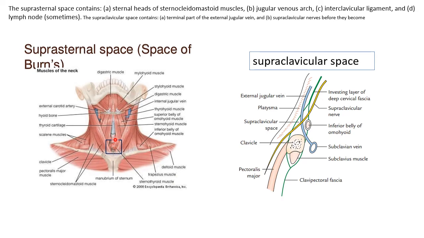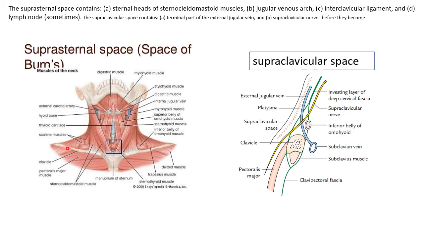It forms two layers, one goes posteriorly and one anteriorly, and gets attached to the suprasternal notch. This suprasternal space is also called the space of Burns. It contains the heads of the two sternocleidomastoid muscles, the interclavicular ligament, the jugular venous arch, and some lymph nodes. These are the contents of the suprasternal space.